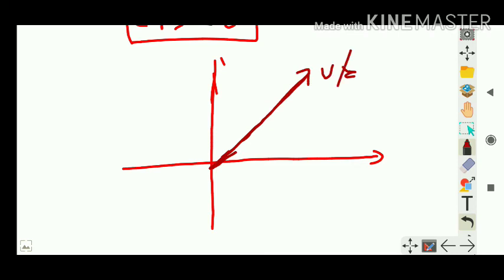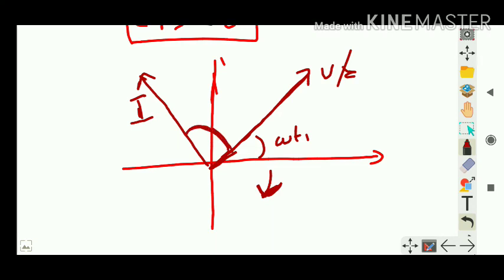It is at an angle, let's say omega t1. The current is already at 90 degrees, which means this is the lagging area and this is the leading area. So this will be leading, and this will be our current. This angle will be 90 degrees.